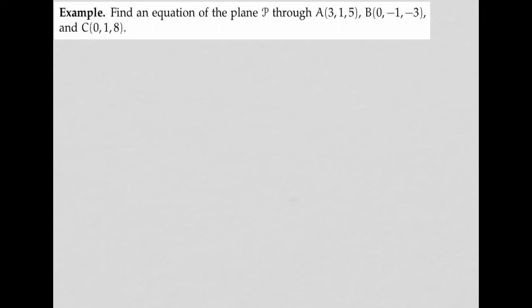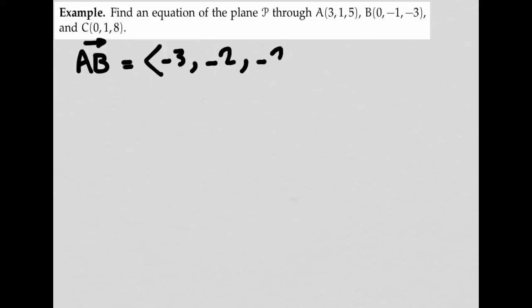So we start out by writing the vector AB, which has components 0 minus 3, that's minus 3, minus 1 minus 1, that's minus 2, and minus 3 minus 5, that is minus 8.